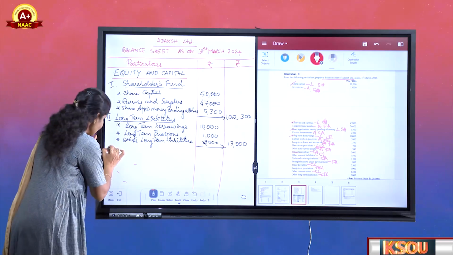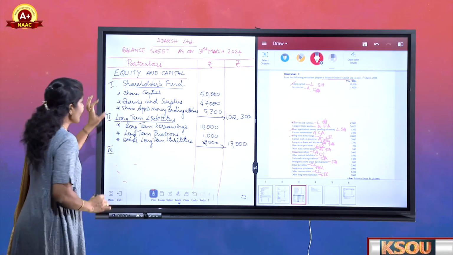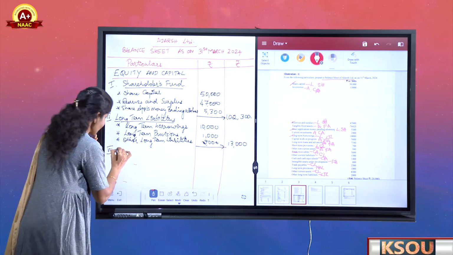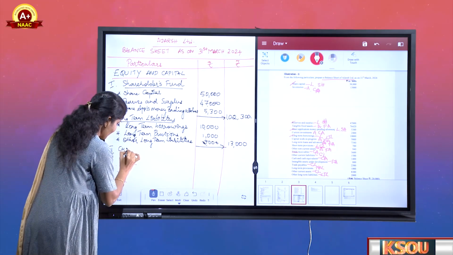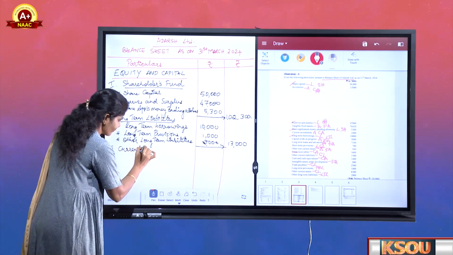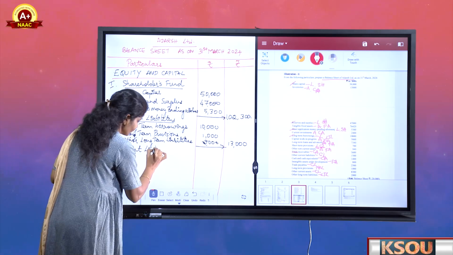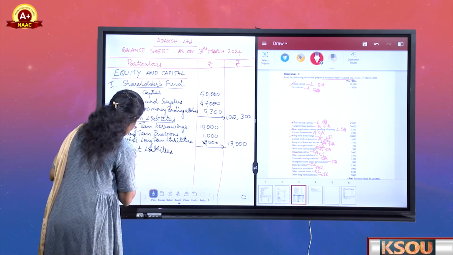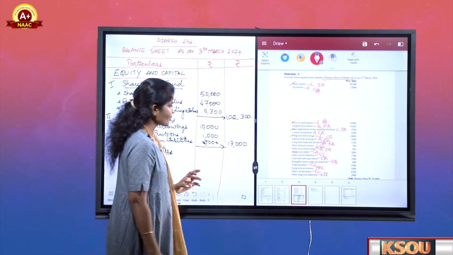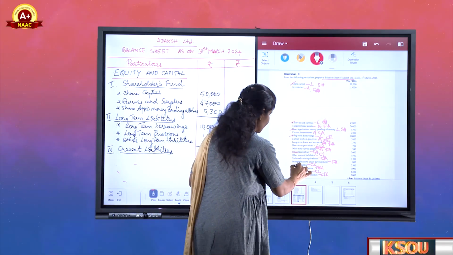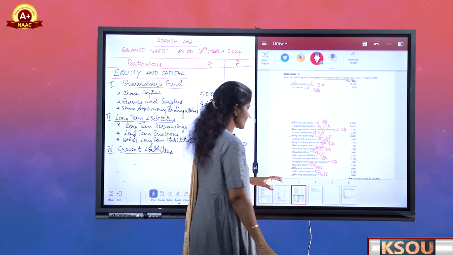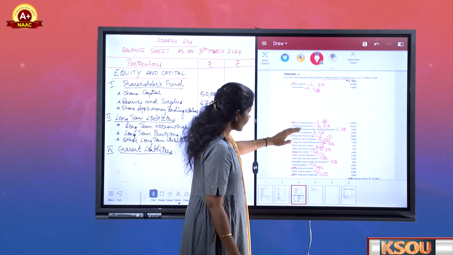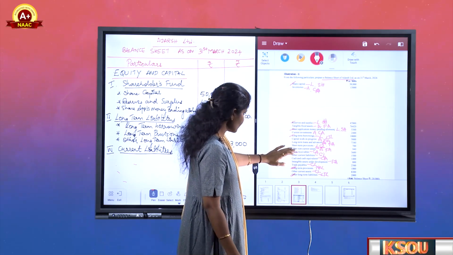Now, the last heading under equity and capital, or the liability side, is current liabilities. Let us take all the items of current liabilities. Here we have taken long-term provisions and long-term liabilities. Look at what current liabilities items are there.